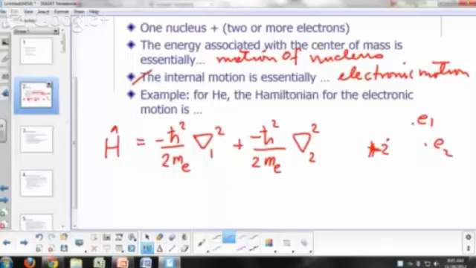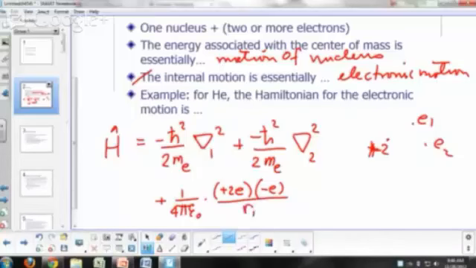What else do we need? So that's your kinetic energy. Potential energy, so plus potential energy of interaction between electron 1 and the nucleus, so 1 over 4 pi epsilon naught times positive 2e, the charge of the nucleus, times the charge of the electron, negative e, over the distance between the nucleus and electron 1, let's call that r1.